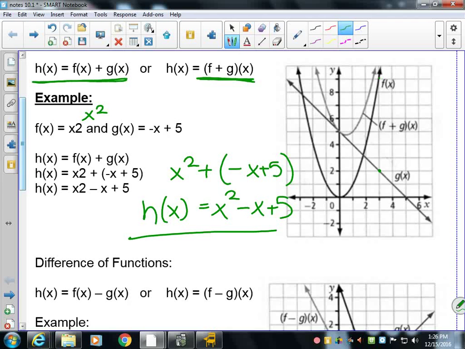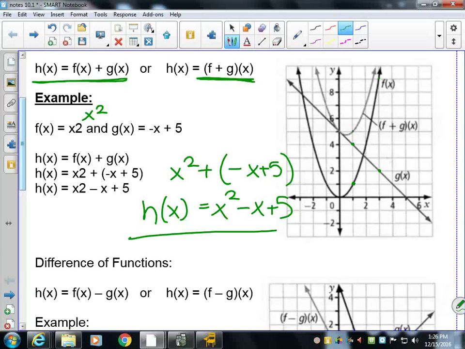I'd expect it to hit way up here at 12, okay? This one here is at 1. This one is at 4. So guess where that f plus g of x hits? At 5, okay? So the x values stay the same. The y value changes because you're adding the two functions together, okay?